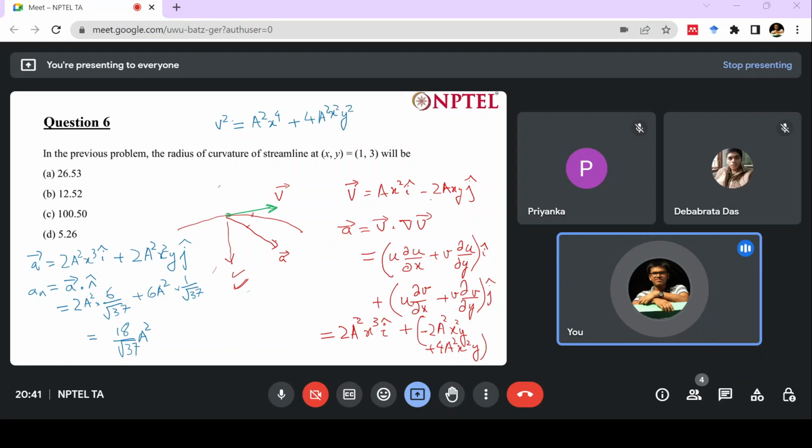So basically term wise multiplication, right? And if I put 1 comma 3 here, x is 1, y is 3, so y square is 9. So this is 9 into 4, which is 36 plus 1, so 37. So this is 37 a square. Correct.